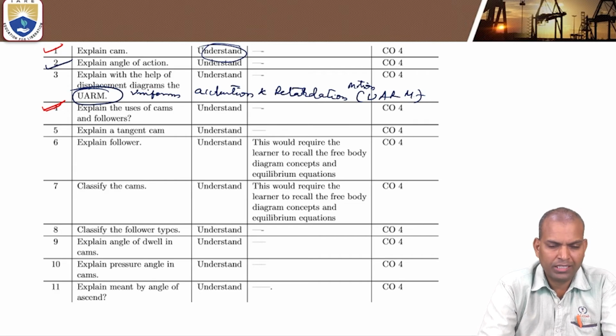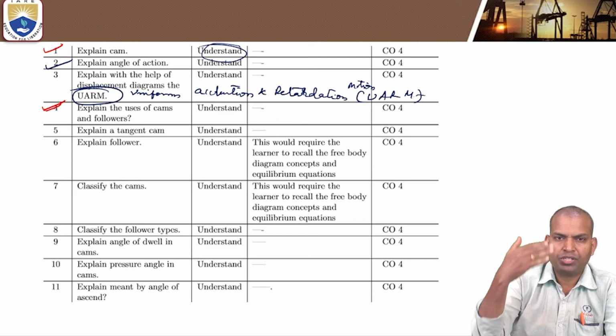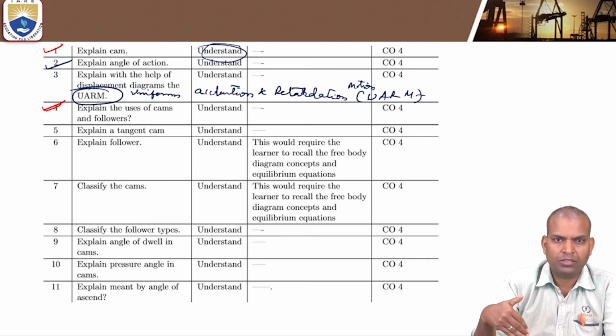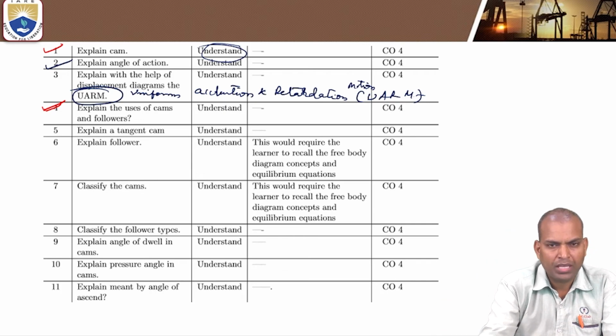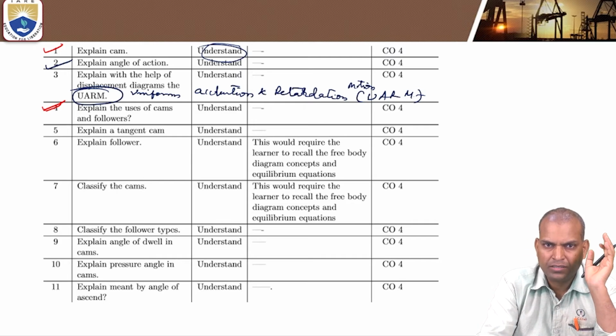There are 4 strokes in a 4-stroke engine. First, the suction stroke. Second is compression. Third is expansion. Fourth is exhaust. Under these 4 strokes, the complete IC engine functions. When the 4 strokes complete, it is known as one cycle.